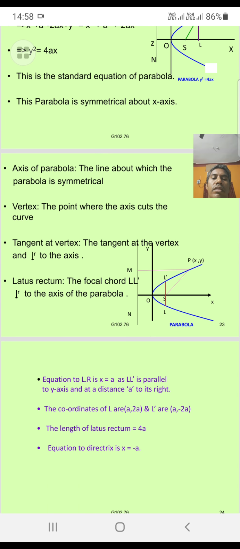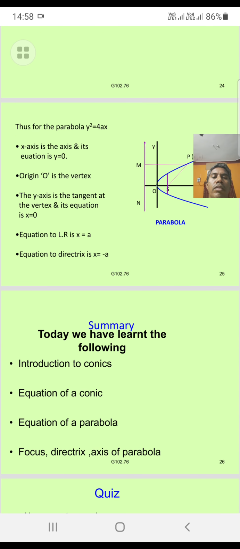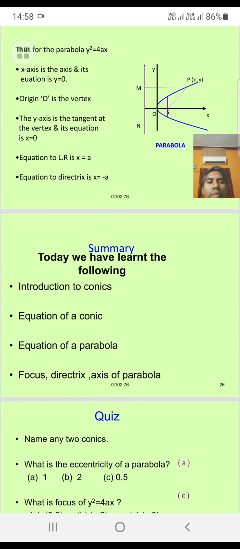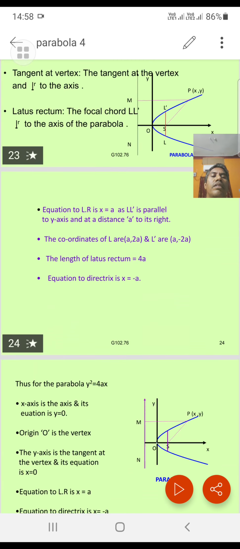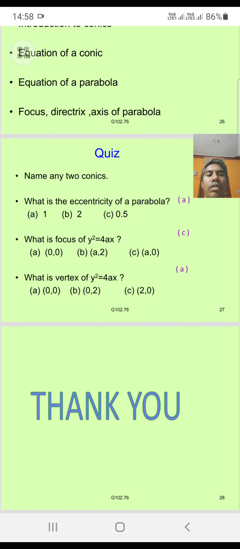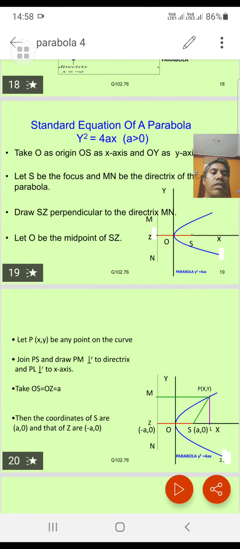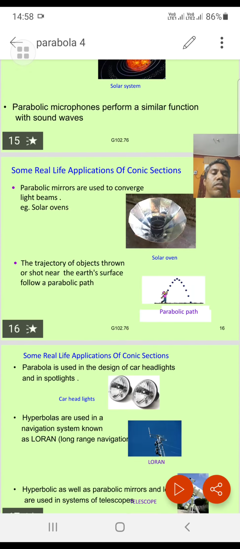On this topic there are so many problems given in the exercise also. So before going to the exercise, first see the presentation, and after that see the example problems, and then try to do the exercise problems.